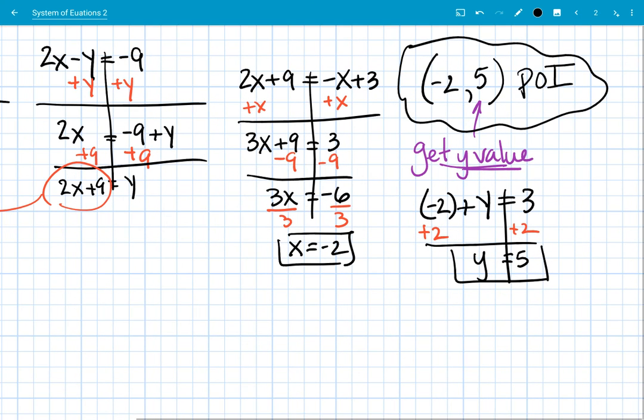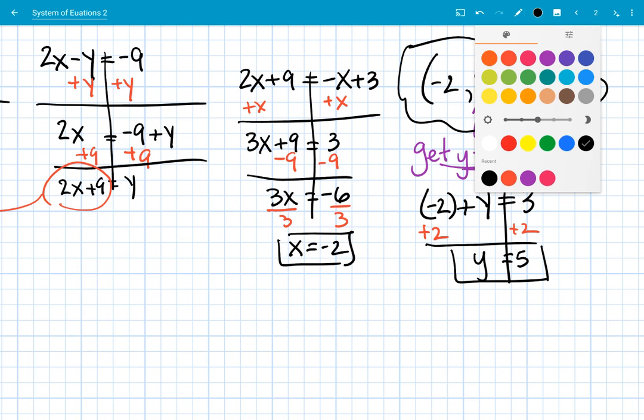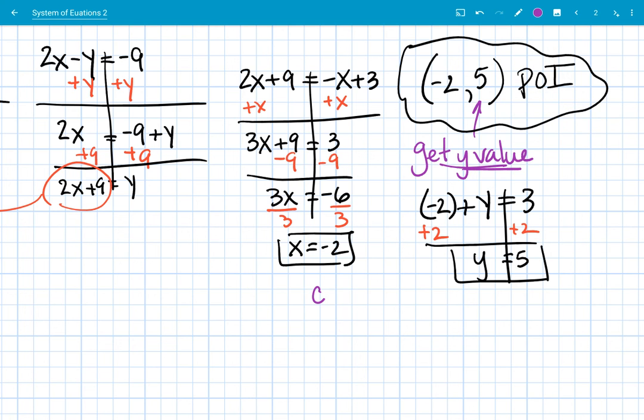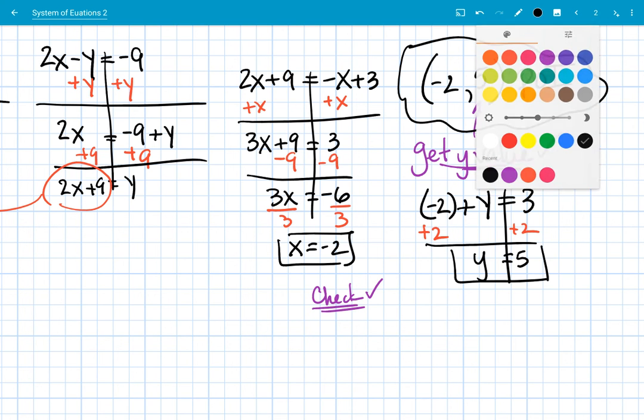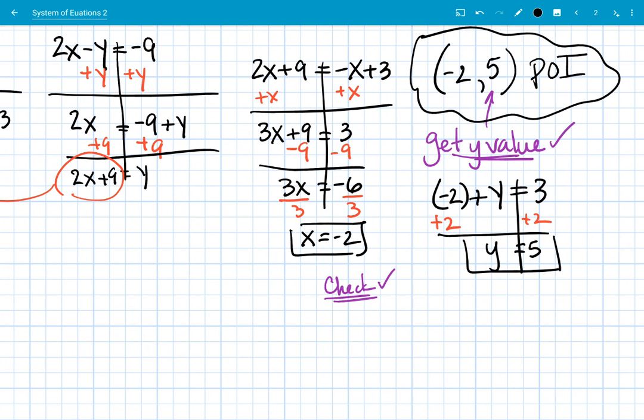So we're going to go grab the second equation and do our check. And again, we should be using the original equations for getting the y value and for the check. So here the original equation was 2 times x minus y equals negative 9. I could do this because I have an x and a y both now.